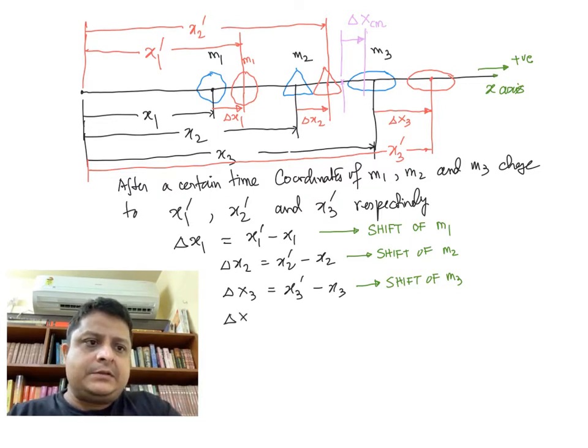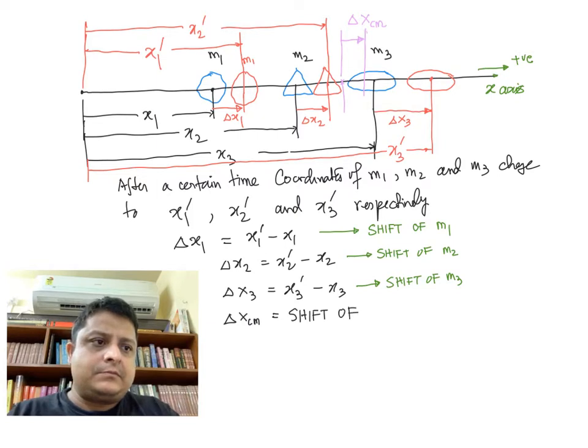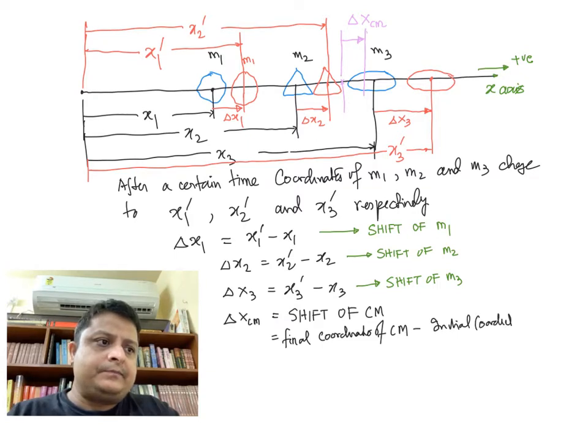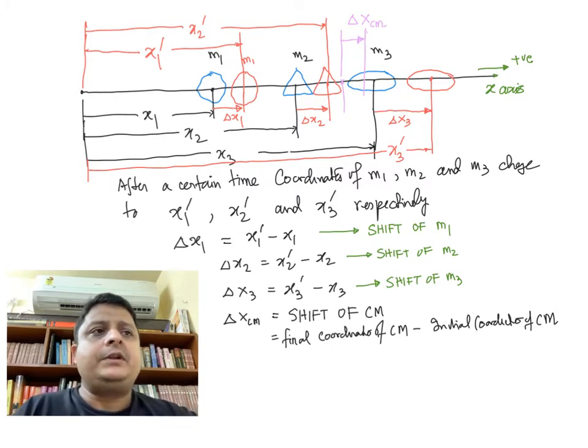It is the shift of the center of mass, that is the final minus the initial, the final coordinate of cm minus the initial coordinate of cm. As you see in this figure, this is the initial coordinate of the cm and this is the final coordinate of the cm.